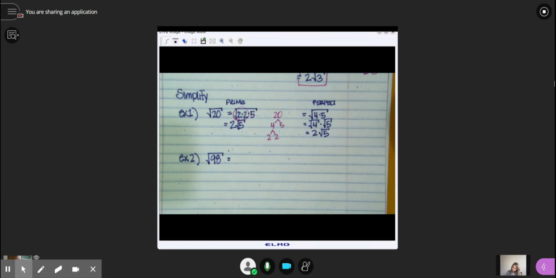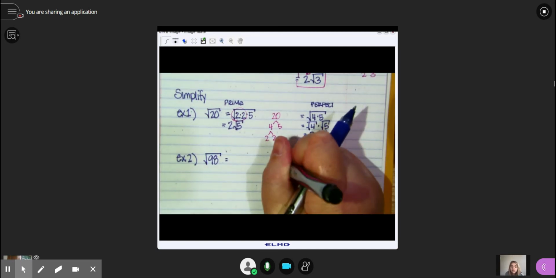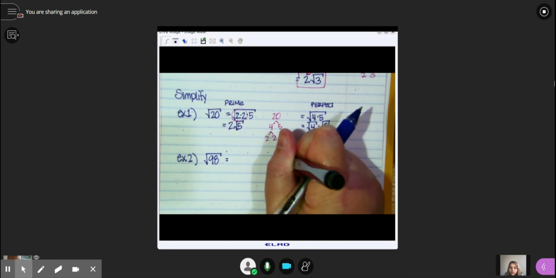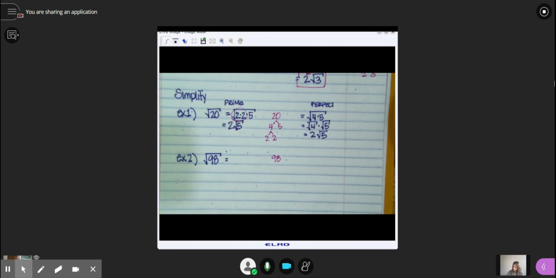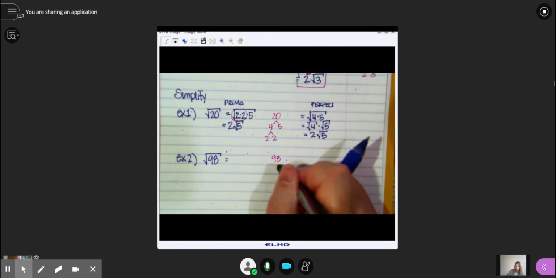The square root of 98. And this is one where I'm talking about, if you're going to do perfect squares here, you're in for some guessing and checking, right? Yeah. So this is why I like the prime factorization. I look at 98 and I say, okay, it's even.